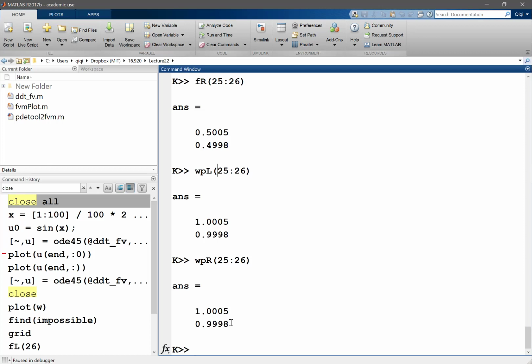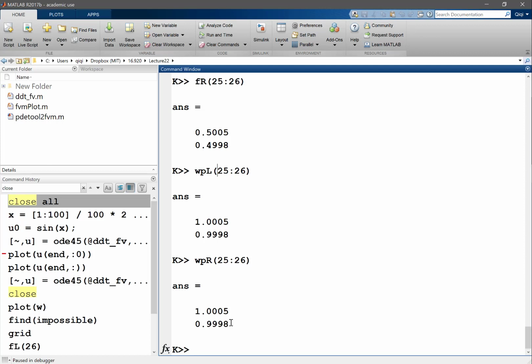Okay, and so here we see why the flux on the left is higher than the flux on the right. It's simply because the value of the solution on the left is higher than the value of the solution on the right. And the flux for Burgers' equation is the square of the solution divided by 2. So the left actually should be higher than on the right.